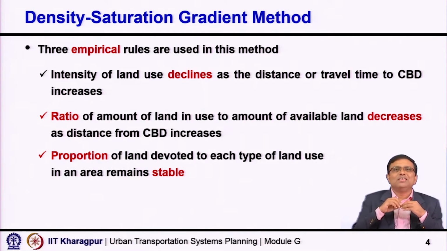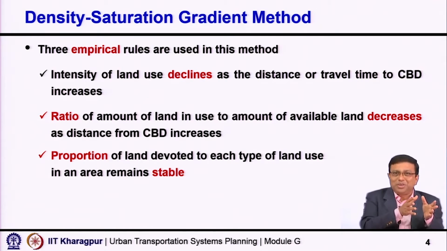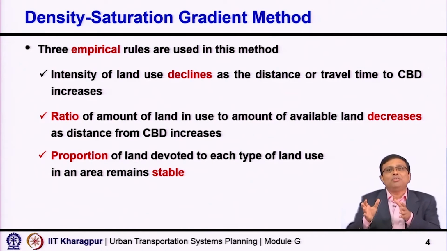Second, the ratio of the amount of land in use to the amount of land available. Out of the complete land, part of the land is already used and part of the land is available for future development.